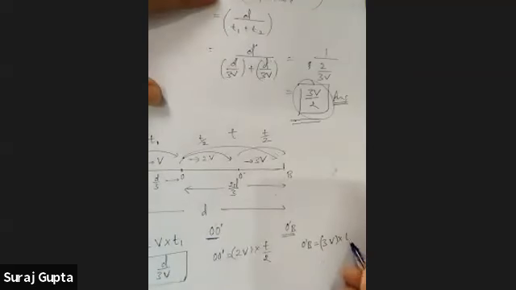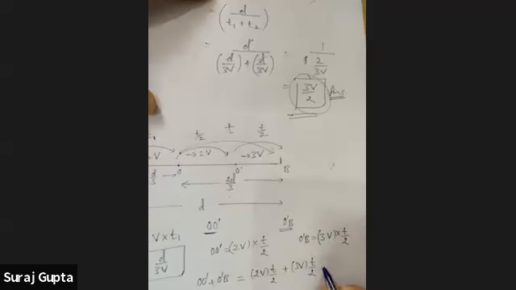Time is t by 2. If we add both of them, O dash plus O dash B, that would be equal to 2v multiplied by t by 2 plus 3v multiplied by t by 2.